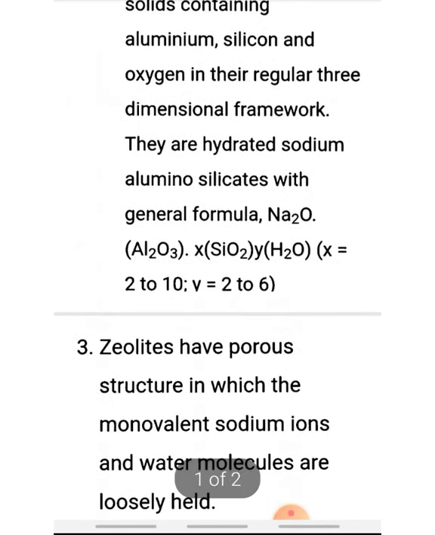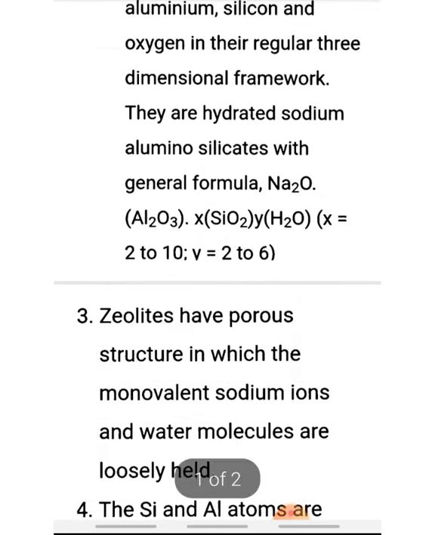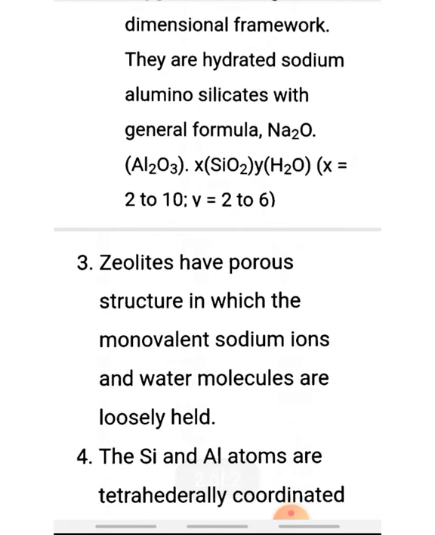Then zeolites have a porous structure in which the monovalent sodium ions and water molecules are loosely held. That means zeolites have, as I will show in the picture, many pores, so they easily absorb water molecules and hold them loosely bound.